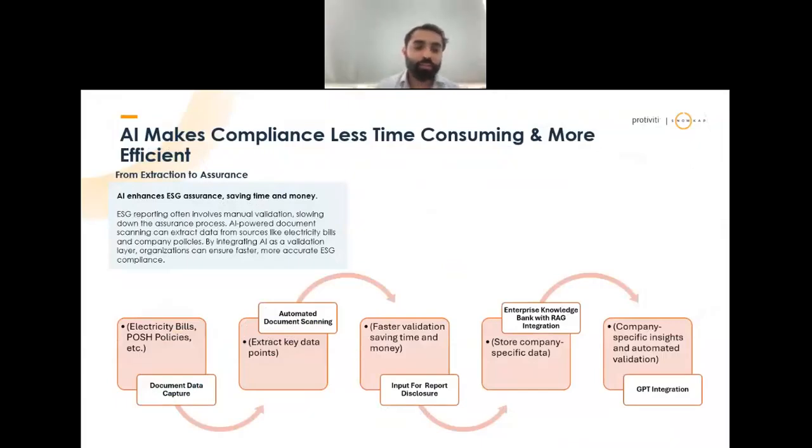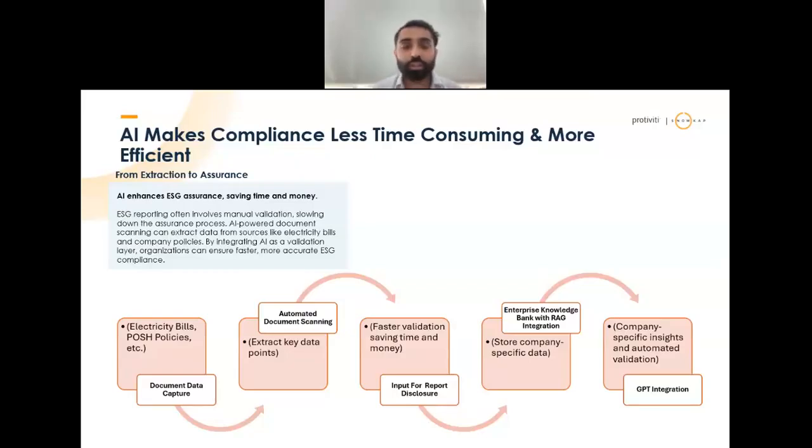What AI can do is solve this challenge by using a combination of NLP and OCR for document extraction and analysis, and inject that into an ESG data management system for calculations. If you look at a live use case that we're doing at the moment for a large retail company, they have hundreds of company-operated retail facilities across the country.